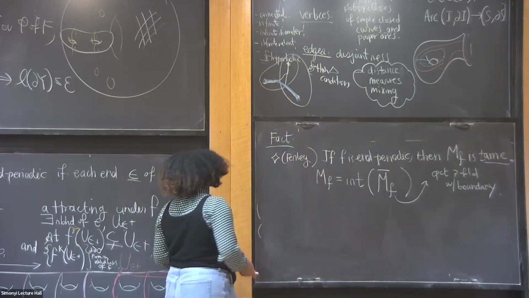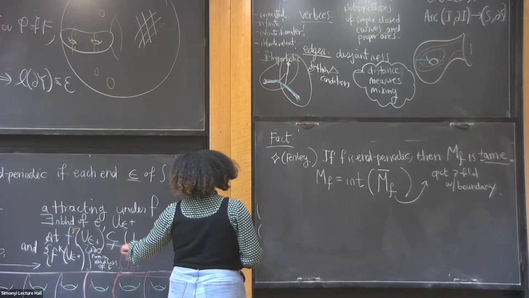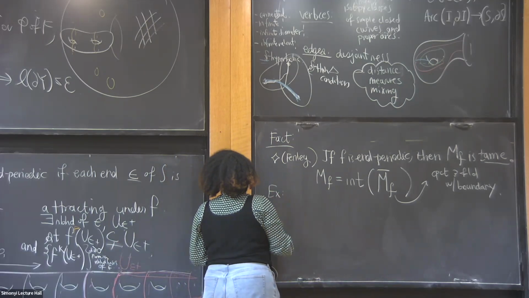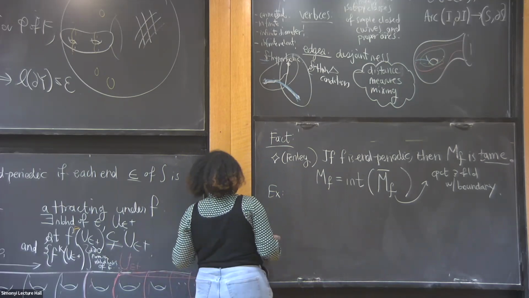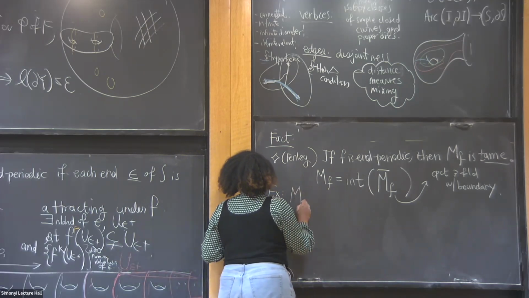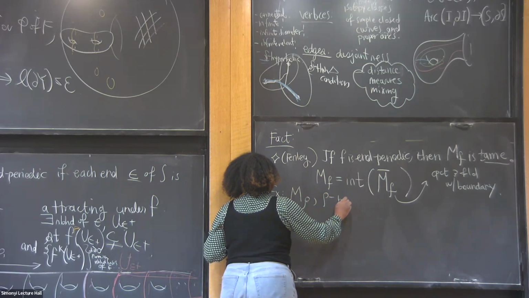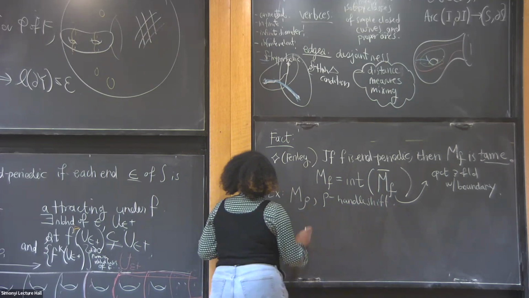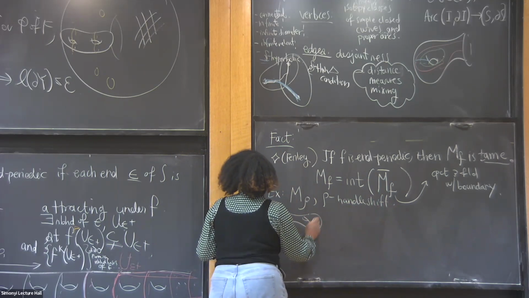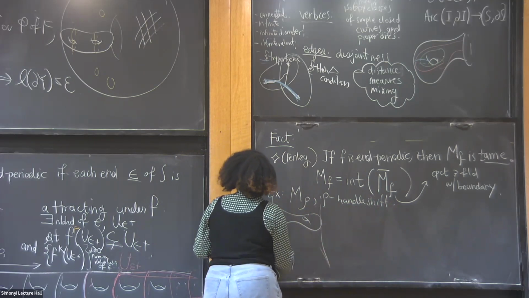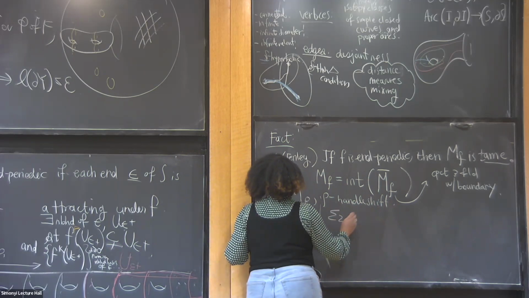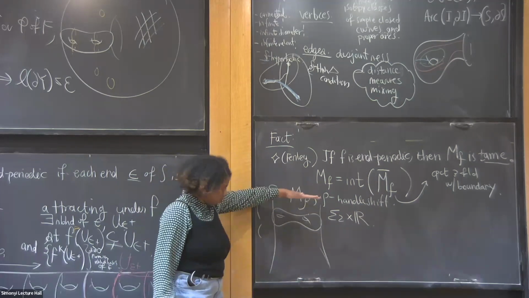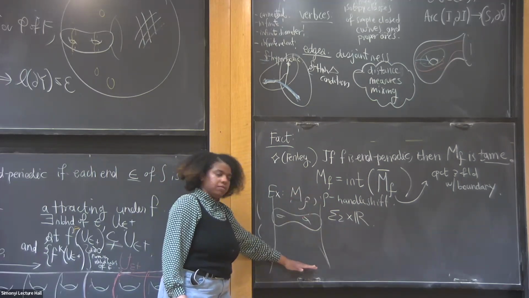So just saying what the cartoon is. Maybe I'll just tell you what this one is. For example, for the handle shift, the mapping torus of rho, where rho is the handle shift, is just the genus 2 surface cross R. And of course, that has a compactification. You just give me the top one and give me the bottom one.